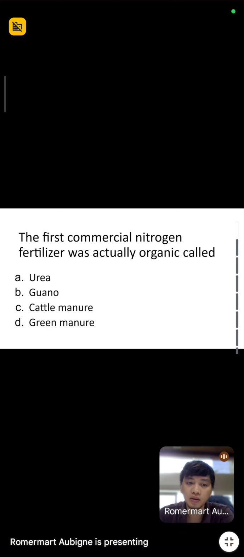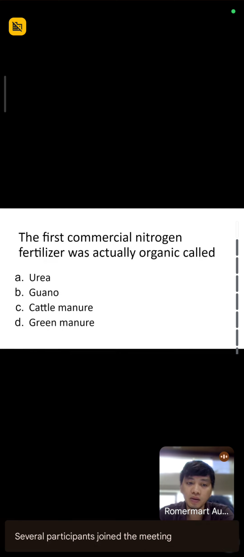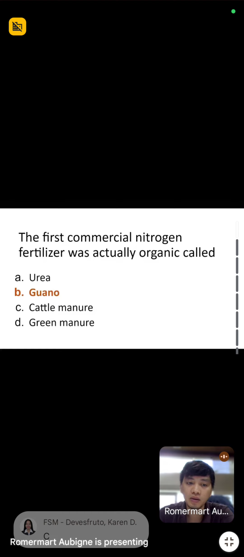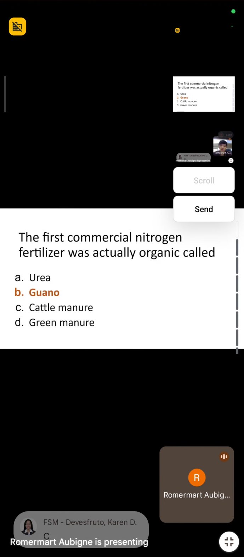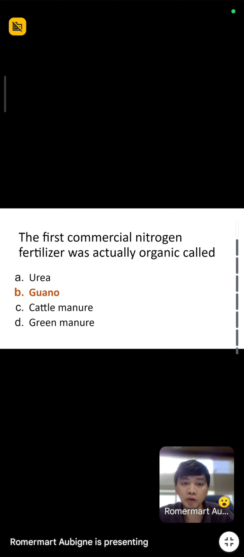Kung nakita kong sagot sa chat. So, iba-iba ang ating mga sagot na nakita ko sa chat box natin. So, the answer is guano. So, saan ba galing yung guano? Ito ay isa sa pinakamagandang source ng nitrogen fertilizer. Galing sa bat, dumi ng mga paniki.